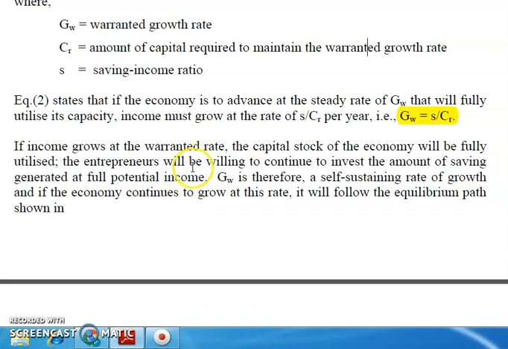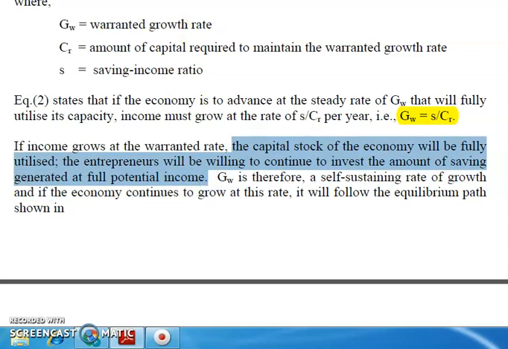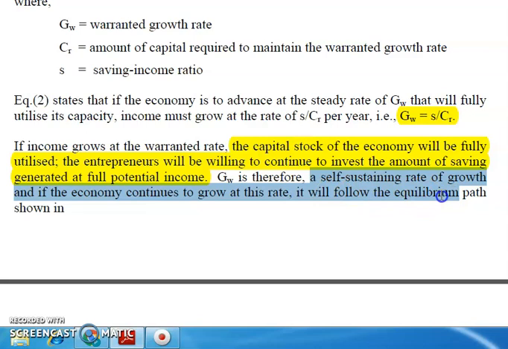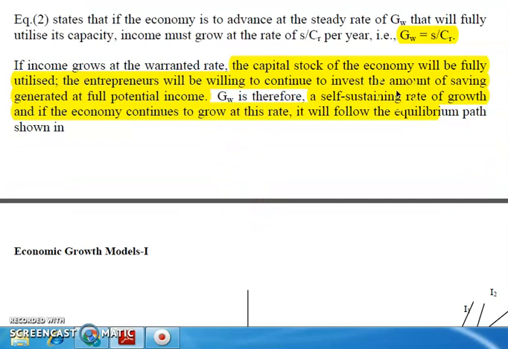GW is a self-sustaining rate of growth, and if the economy continues to grow at this rate, it will follow the equilibrium path.